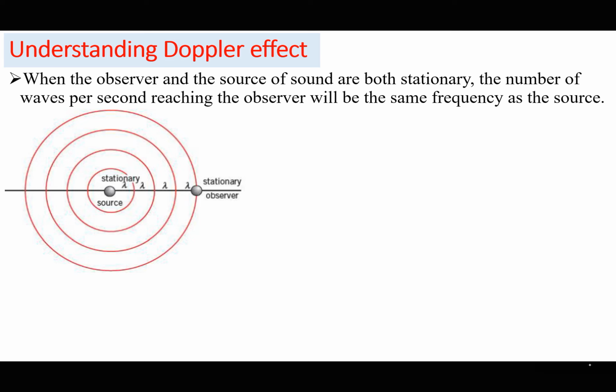Remember, frequency is the number of waves per second, or the number of complete oscillations per second. Because the observer in this case is stationary, the distance between the crests remains the same, and the number of crests reaching the observer in a given time is going to be the same. This means the frequency is going to be the same as that of the source.